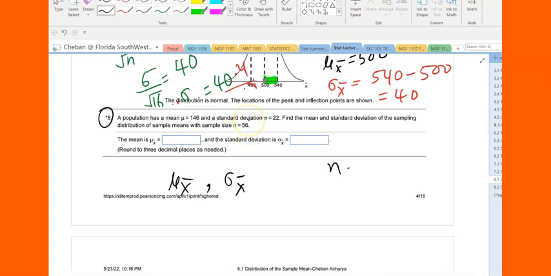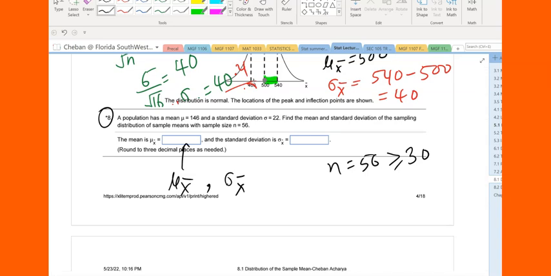Remember that n equals 56, which is greater than or equal to 30, right? Therefore here the sampling distribution is always normal. It doesn't matter if the population is normal or not normal, sampling distribution is always normal because sample size is bigger than 30. Therefore you can use the formula and you can finish yourself.